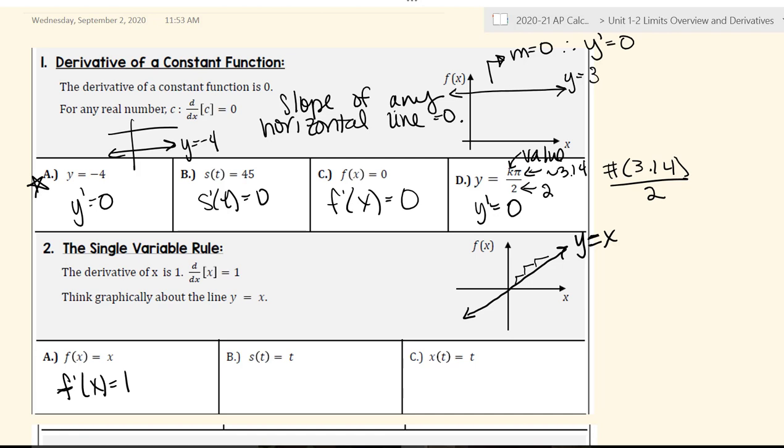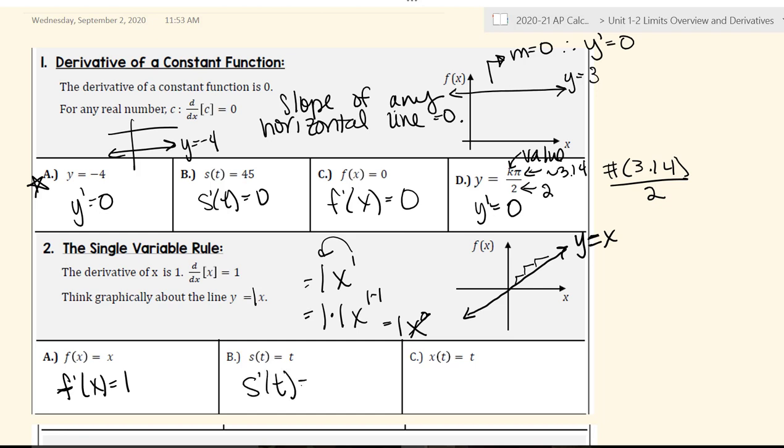Same thing here. And remember, if we have 1x to the 1, we're pulling that down and multiplying. So we have 1 times 1 x to the 1 minus 1. This makes this 1 times x to the 0, which cancels out, and we're just left with 1. So same thing here.